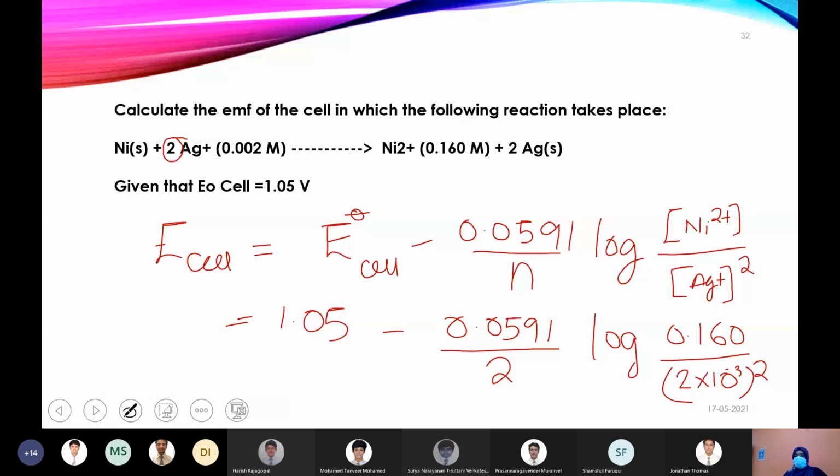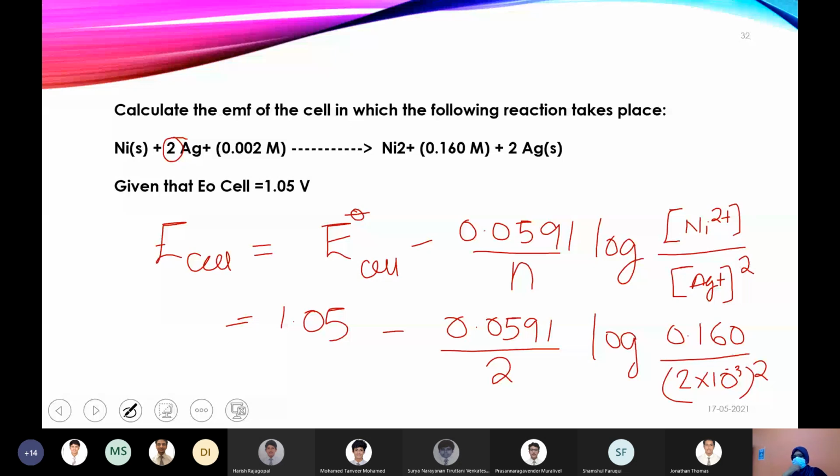Okay. Now you can use the calculator, the scientific one. Because you need to know how to use the logarithmic table to find the value. Log, and sometimes you have to find the anti-log also.